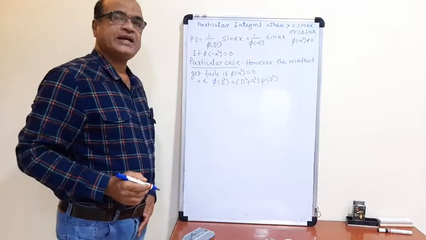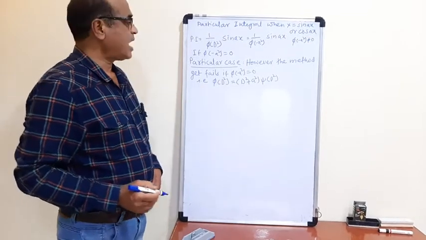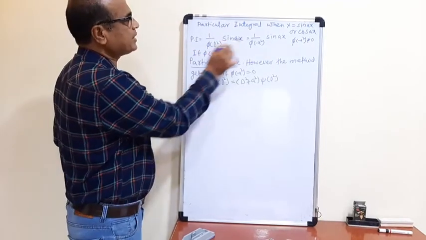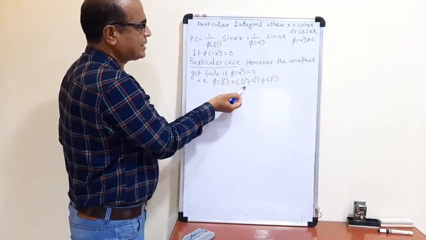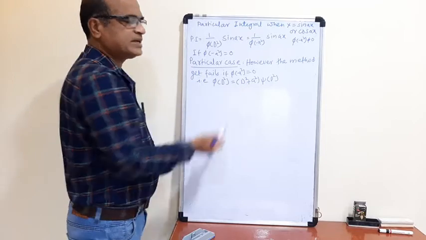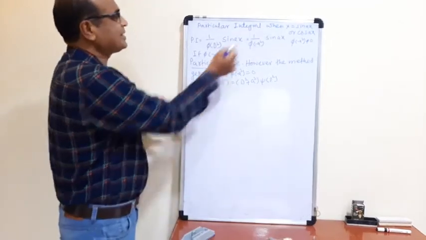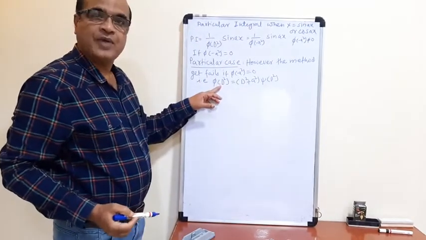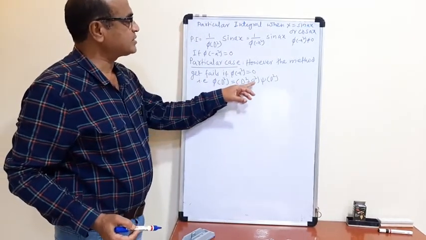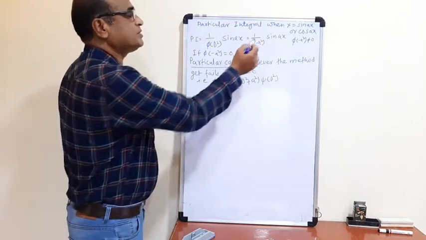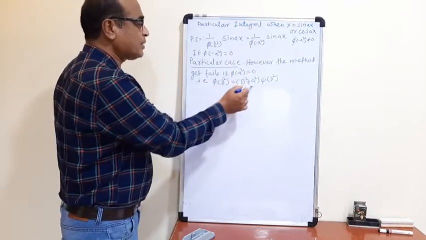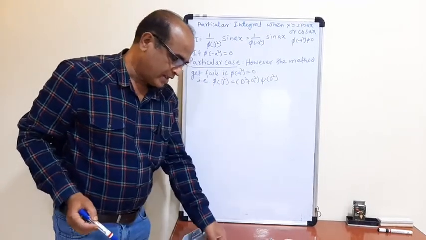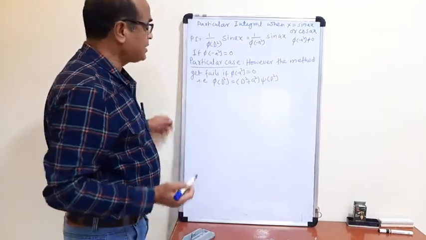If D square plus a square is a factor of this, and if we put D square equal to minus a square, then minus a square plus a square is 0. So this becomes 0. When this happens, if D square plus a square is a factor of phi of D square, then what is the particular integral here?